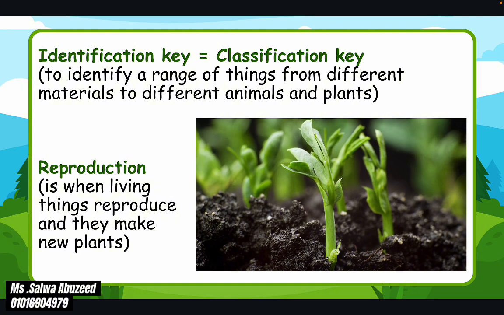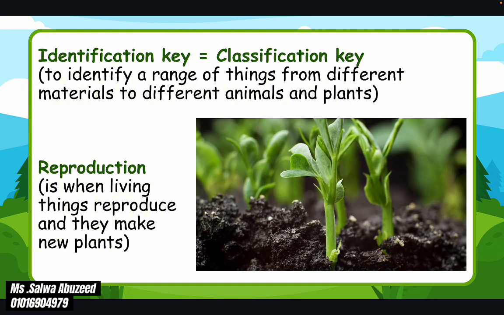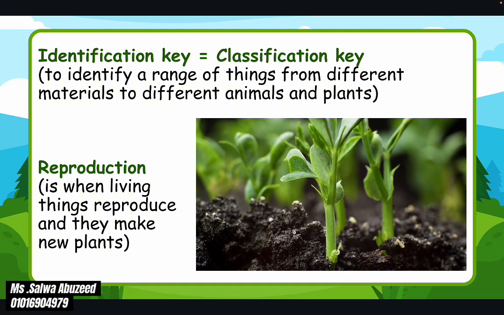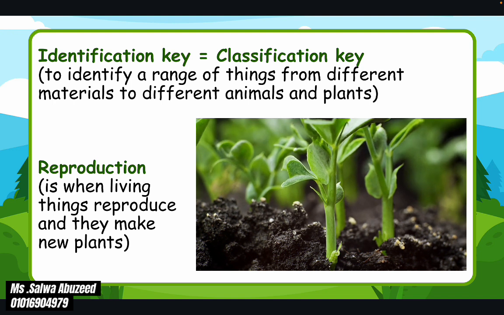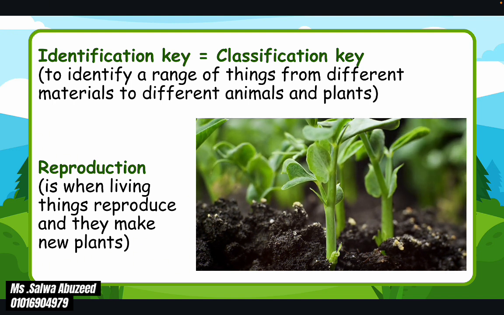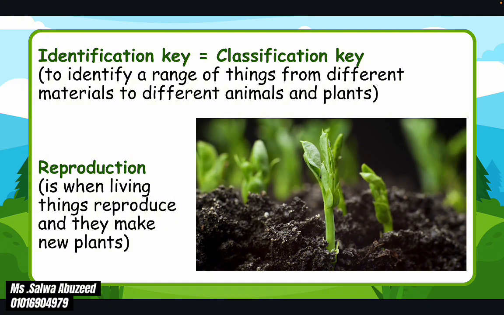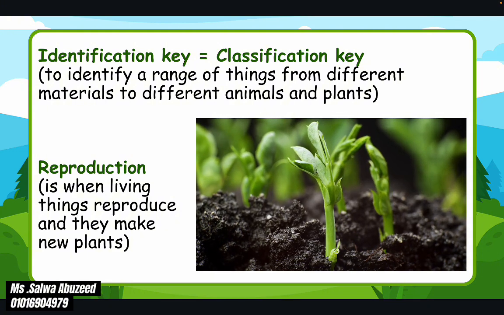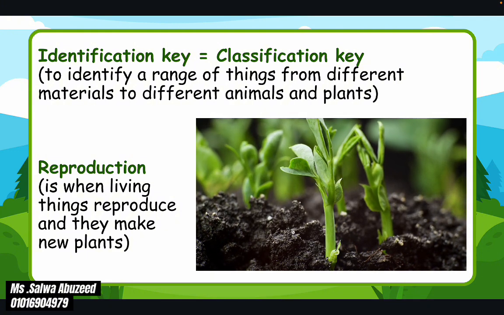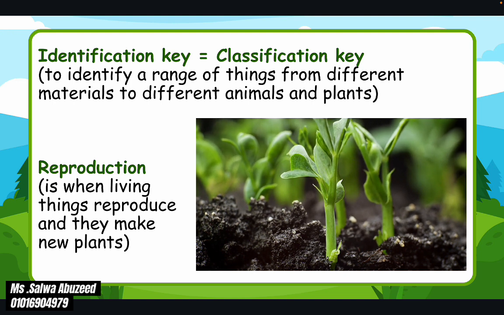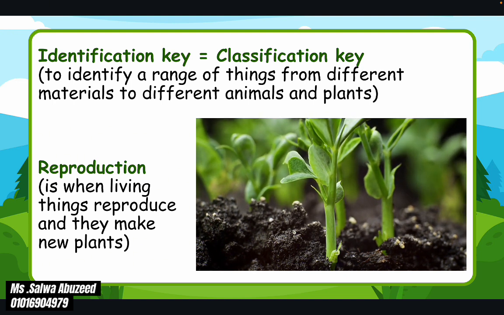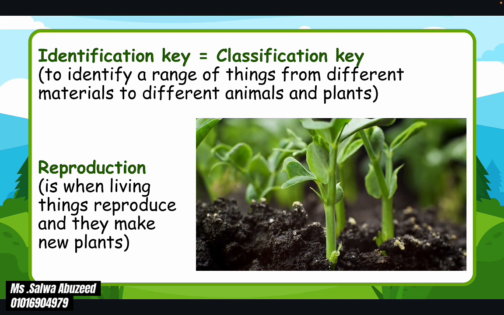So this is how the identification key can help us minimize our thinking and identify the difference between different materials, animals, or plants, and know exactly what I am thinking of, and it helps us in our research and so on.